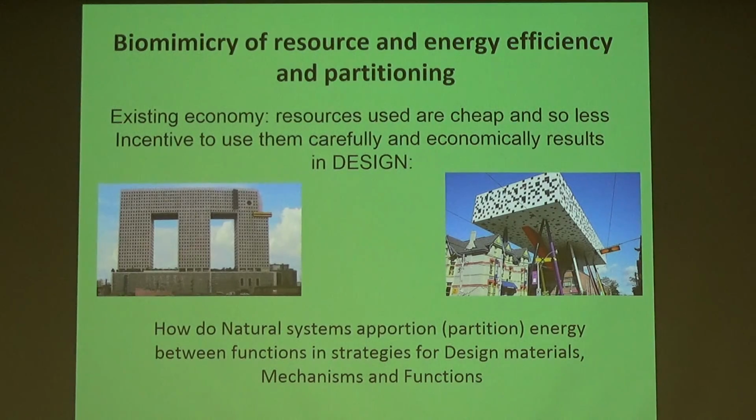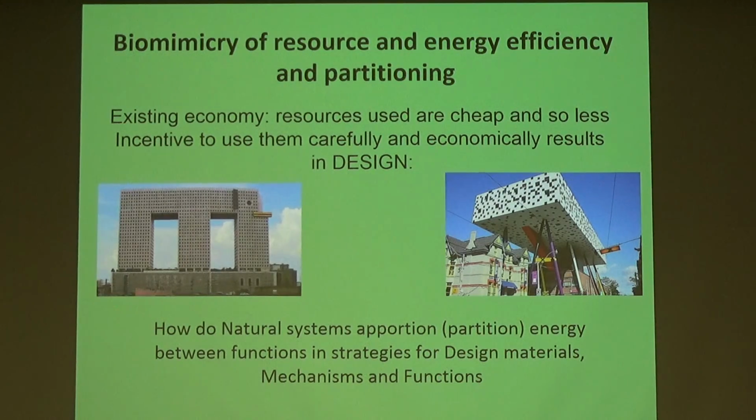So in industry. But when you look at natural systems, they don't behave like that. They have a different way of doing things. In natural systems, there's an apportioning or partitioning of energy between functions, very efficient, in the strategies for the design of their materials, their structures, mechanisms and functions.